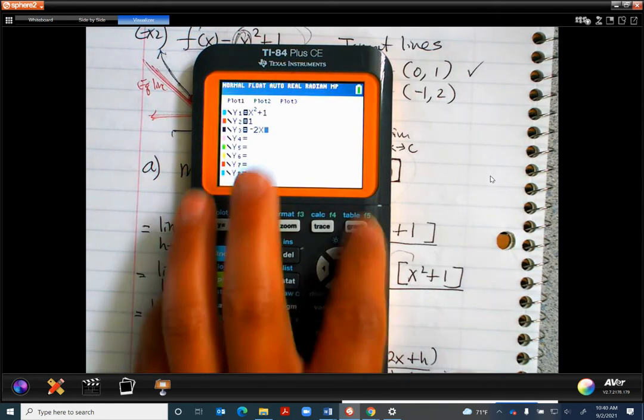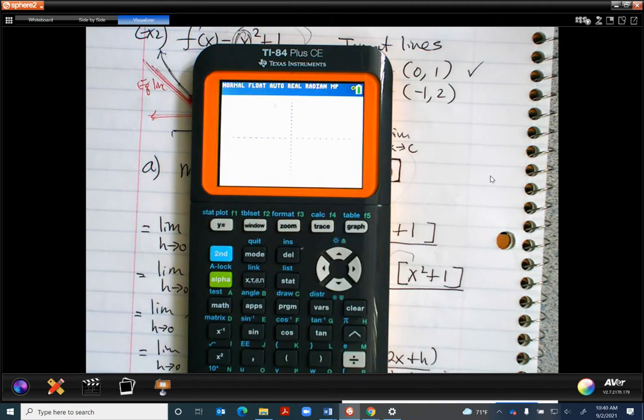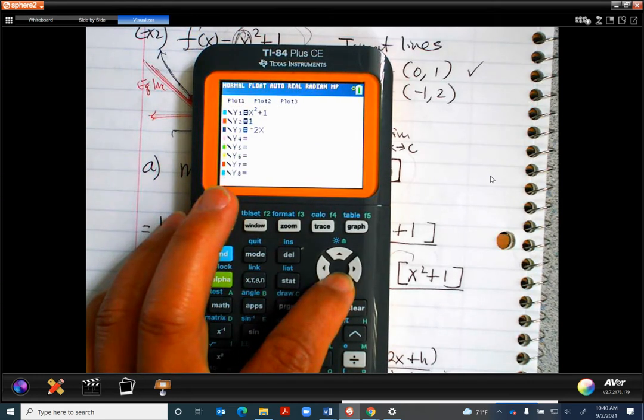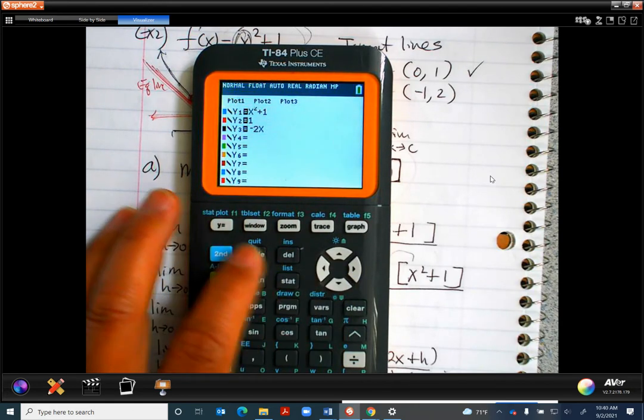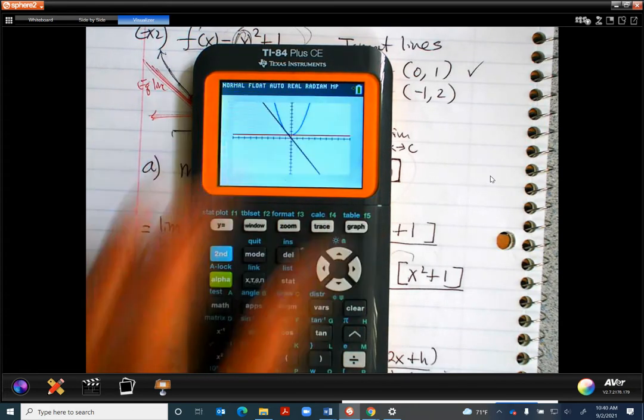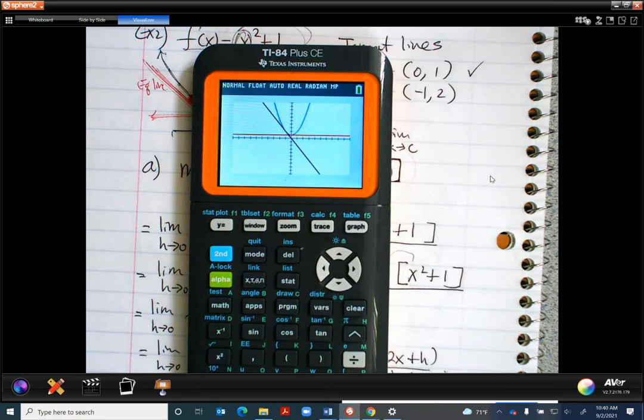Alright, and then graph all of them. There's that tangent line. And there's the other tangent line, right there. You see that? Nice. Can you see it okay? Alright, so there we go.